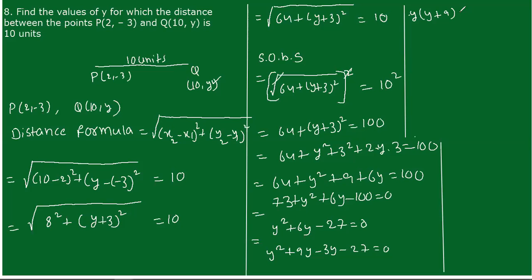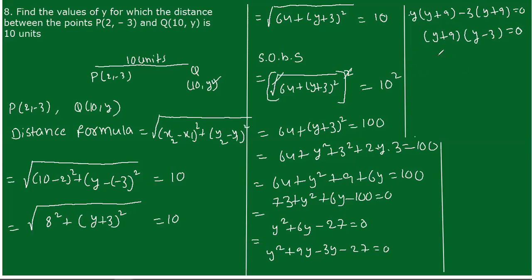So I can take minus 3, and the remaining value is y plus 9, equal to 0. So here again y plus 9 is common. If I take y plus 9 out, the remaining value is y minus 3 equals 0.